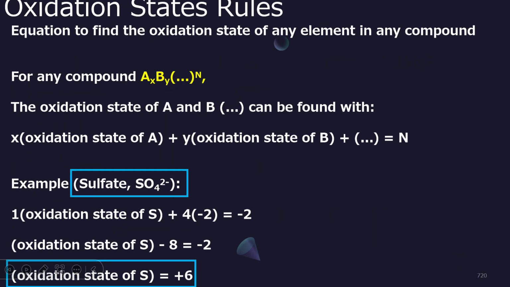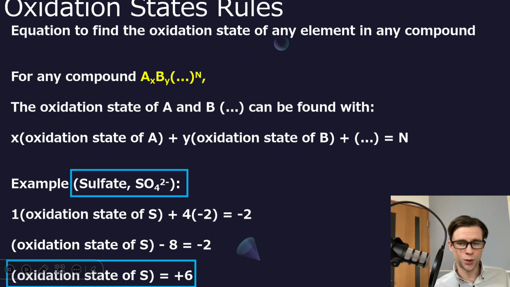Okay, moving on. Now there is an equation or a method that you can use to find almost any atom's oxidation state in any compound, but it will take into account the rules on the previous slide.